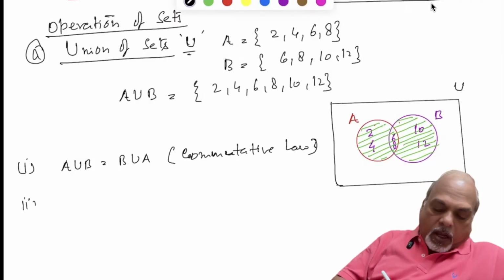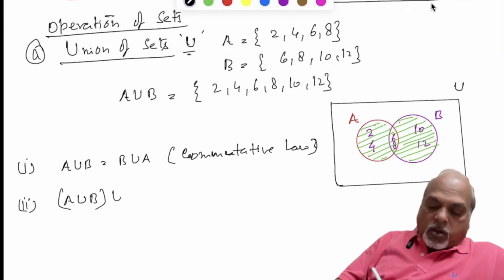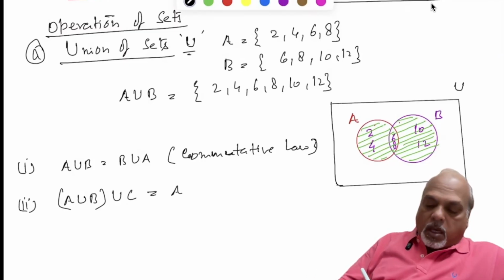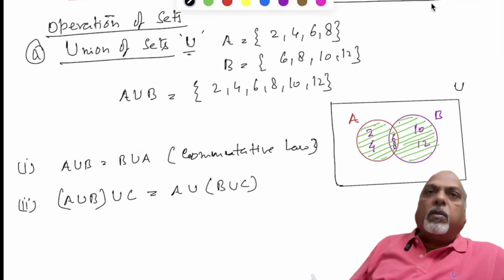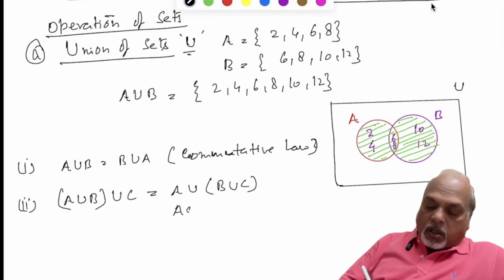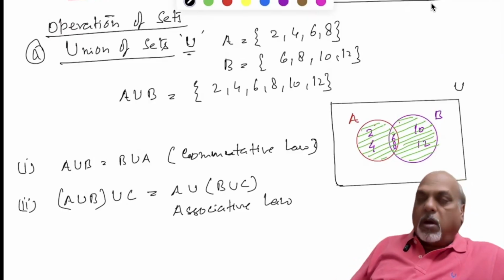Then let us see another property: A union B union C. This will also always be equal, and this is called the associative law.